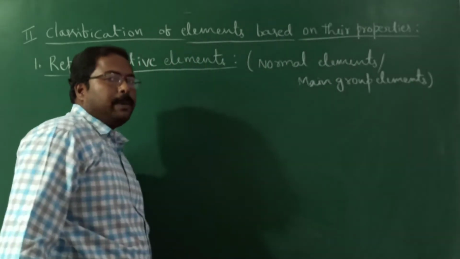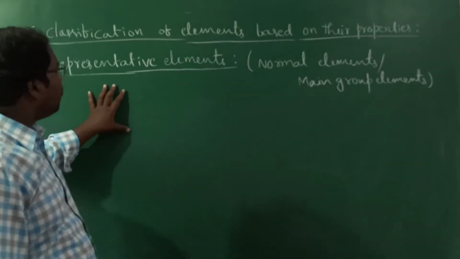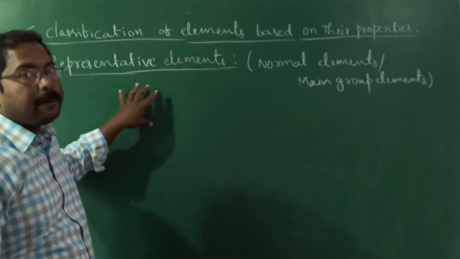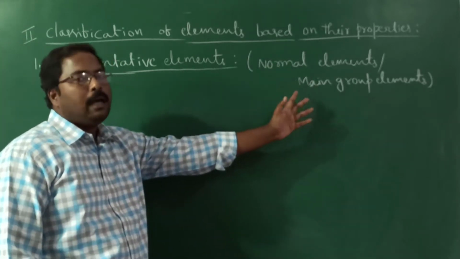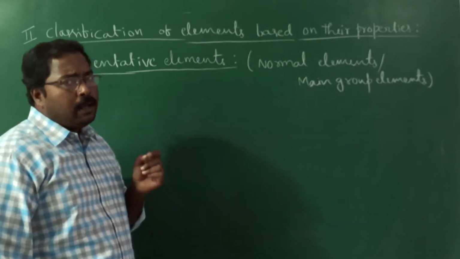Okay. So coming to the first type of elements, these are mainly called representative elements, or these are also called normal elements or main group elements.